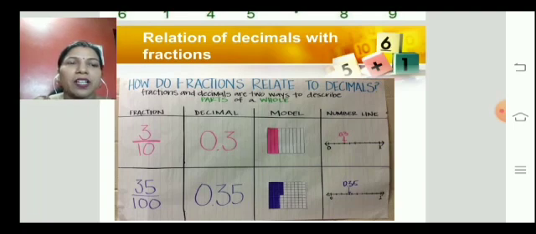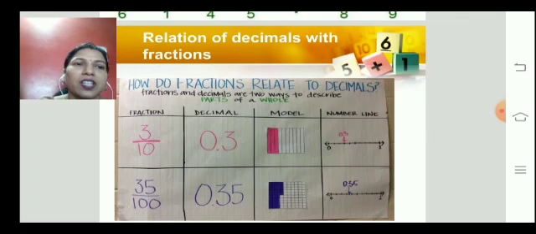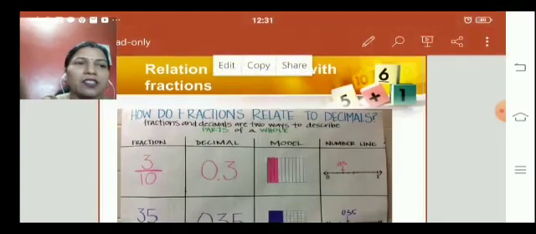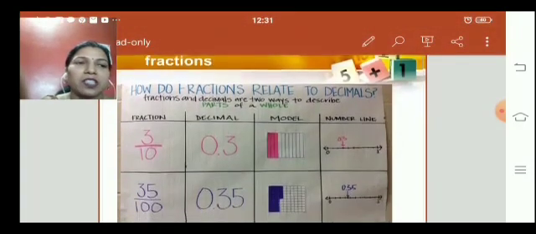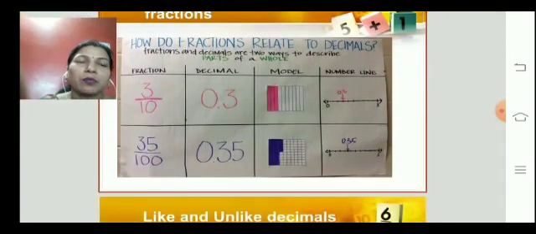First part is 1 by 10, then 2 by 10, then 3 by 10, 4 by 10, 5 by 10, 6 by 10, 7 by 10, 8 by 10, 9 by 10 and 10 by 10. That means it is 1. So the third place is 0.3.